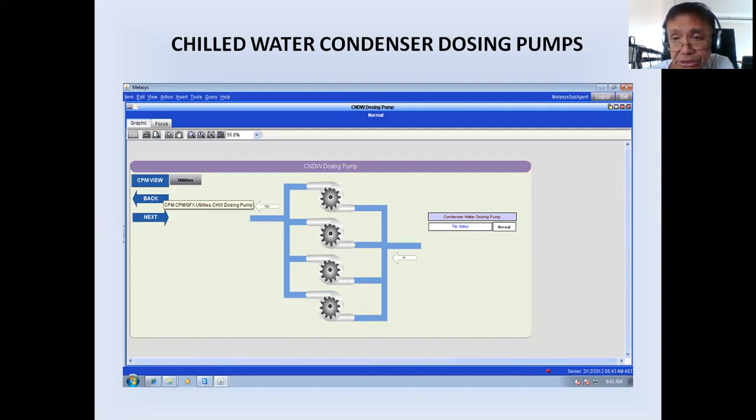Actually, there is also a set of chilled water dosing pumps, because the chilled water should also be treated to prevent some corrosion in the chilled water pipeline. So there are two sets of dosing pumps, one for condenser water and the other for chilled water.